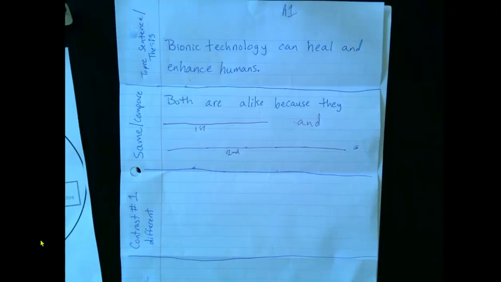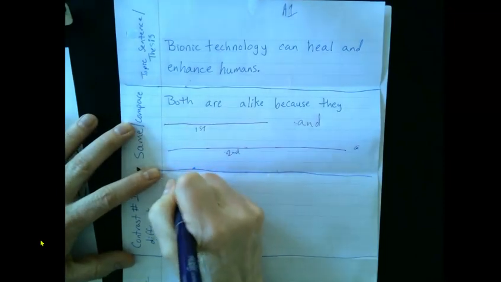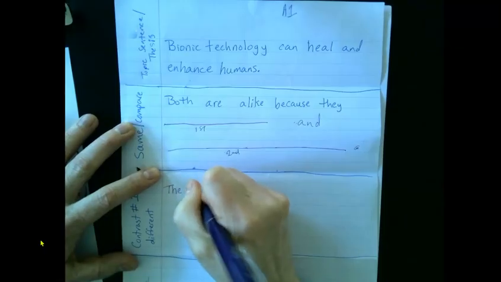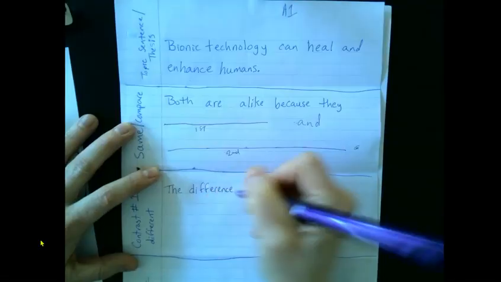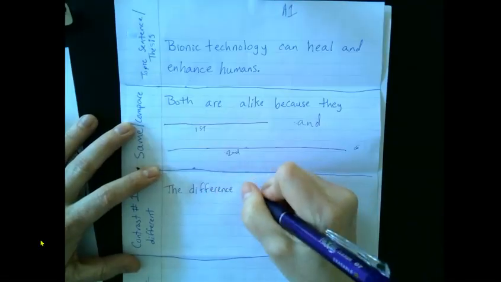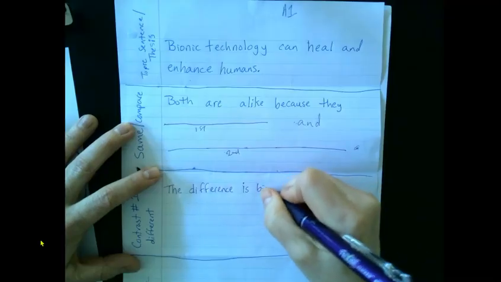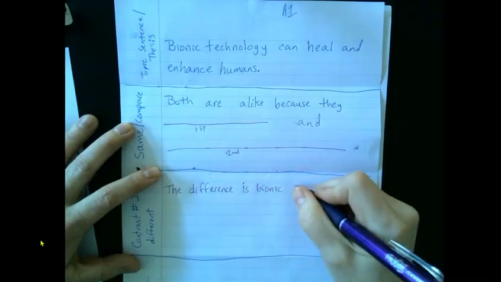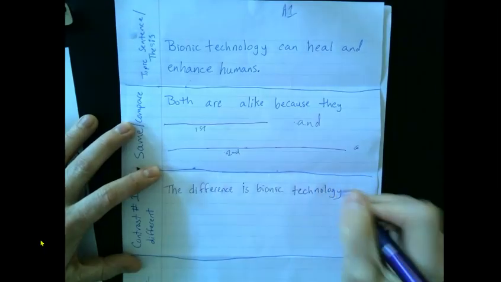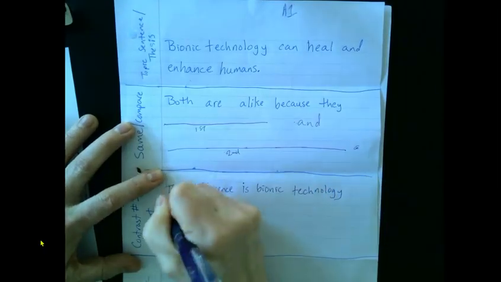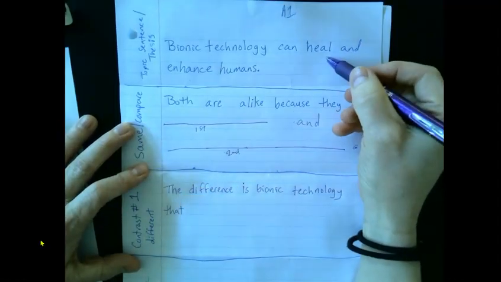Okay, so we'll start with the difference. The difference is bionic technology that, like I said, we're going to do heals because we said heals first. That makes more sense.